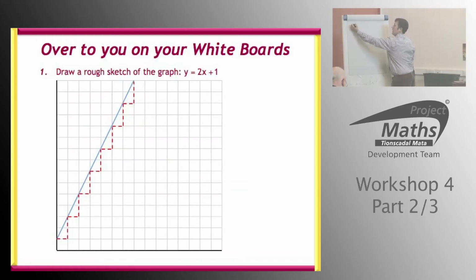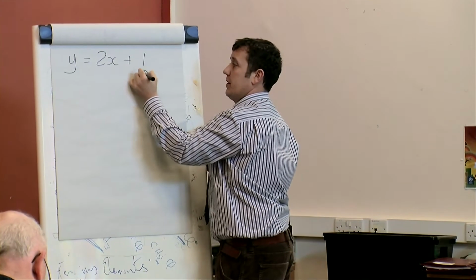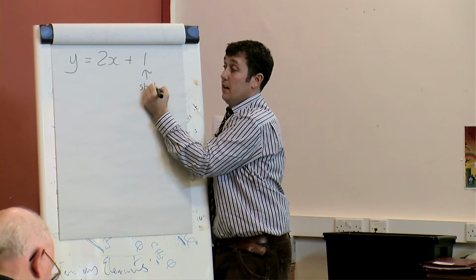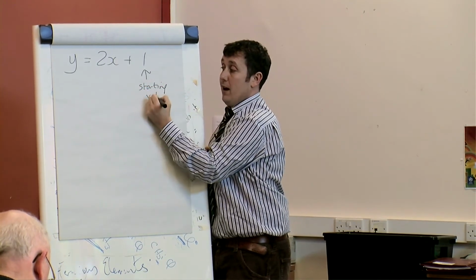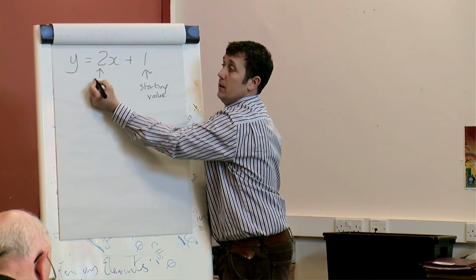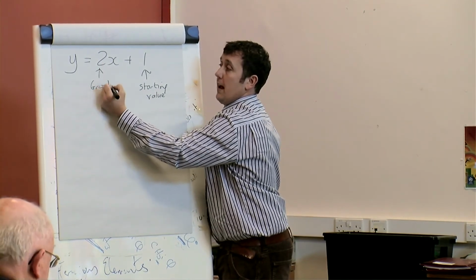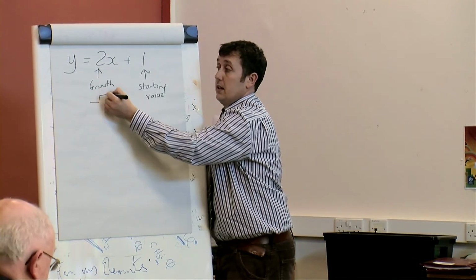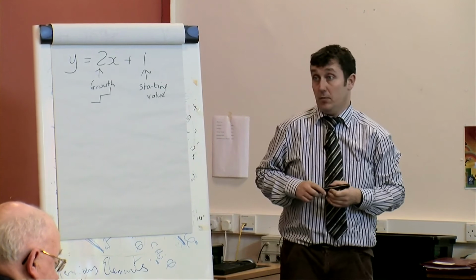What knowledge are we working on with our students? We know that this is a what? Now, it's our y-intercept, it's our starting value. And when we go to our graph, that's our y-intercept. What are we talking about here? This is our growth. And whether they know their slope or not at this stage, they at least know what? It's what's making it build. Is everybody happy with that?